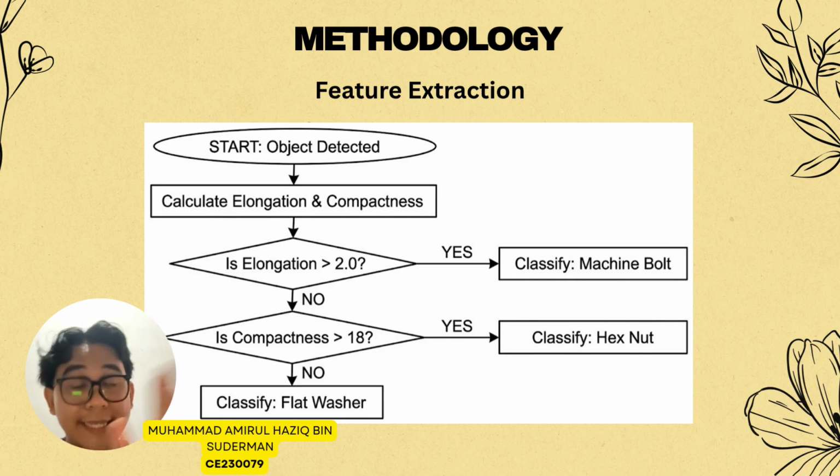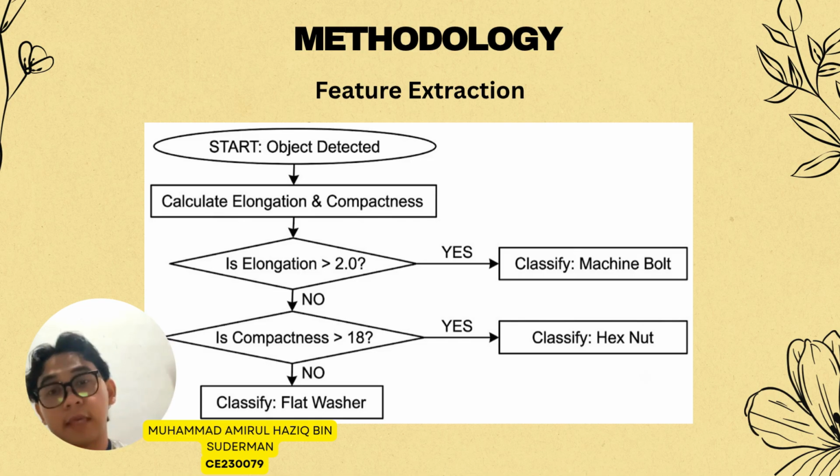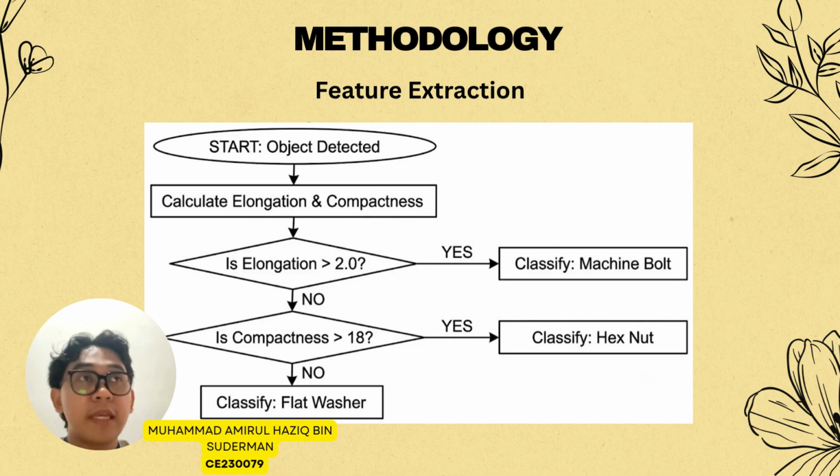This is the last part of the methodology. As you can see here, here is the flowchart of how the system detects and classifies all of those 15 pictures. At the top, at the start, the object is detected. Then it calculates the elongation and the compactness. If the elongation is larger than 2.0, the picture is classified as a machine bolt.